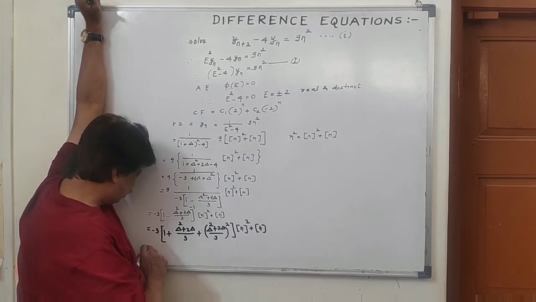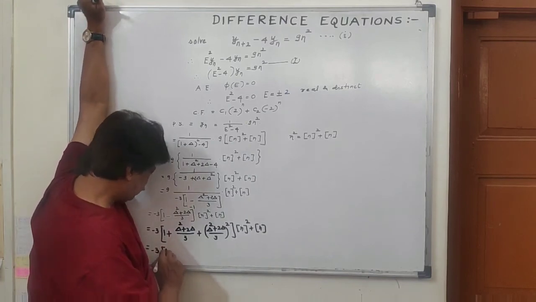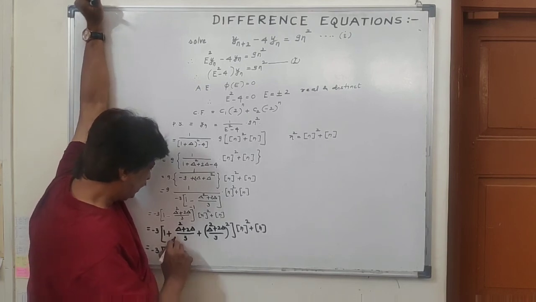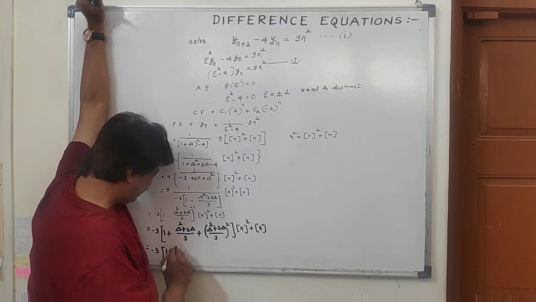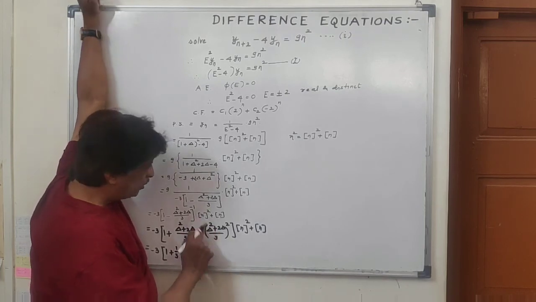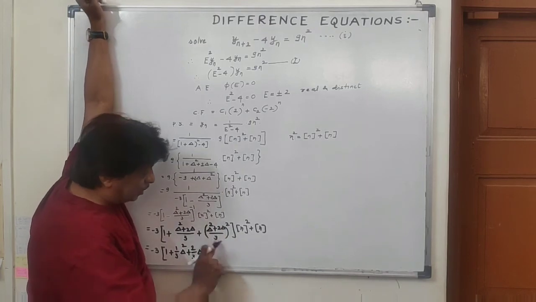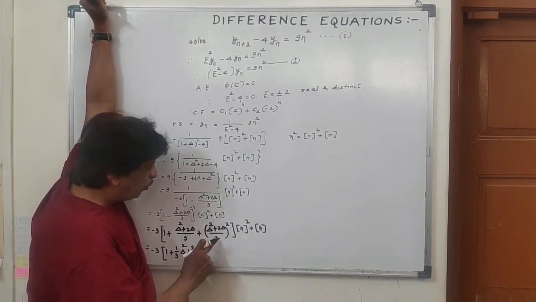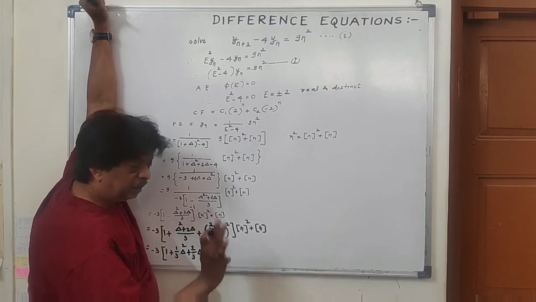Now we shall simplify this, equal to minus 3 times 1 plus delta square by 3, 1 by 3 delta square plus 2 by 3 delta. Now we shall consider the terms of delta square only in this bracket. So first term, delta raised to power 4 upon 9, we shall neglect.